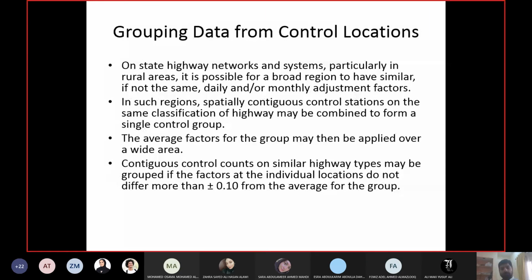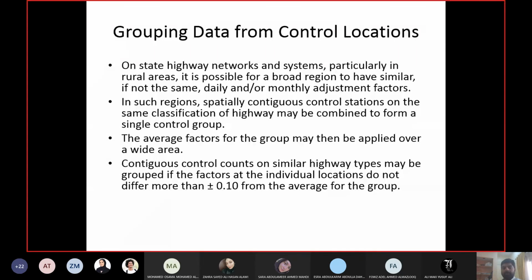So for thousands of links and segments, you will have to establish many control count locations, because we have the restriction of the ratio: for every 50 coverage count locations, you need a control point. So if you have thousands of coverage count locations, you will need maybe hundreds of control count locations. For each control count location, you will have a different set of daily and monthly adjustment factors, like we did for the previous example.